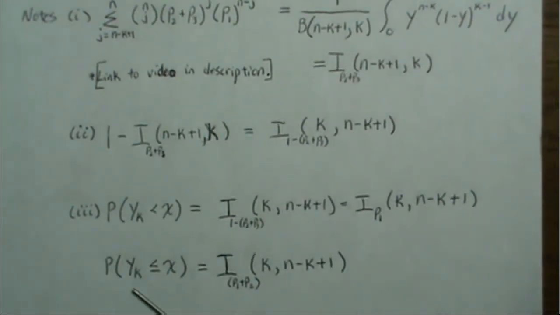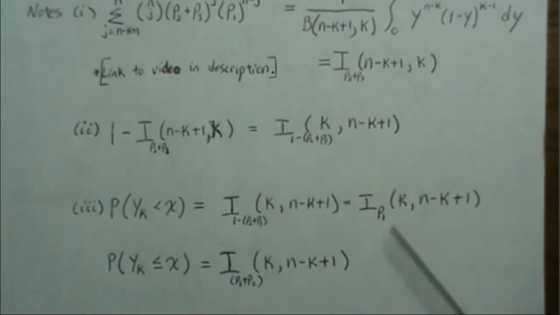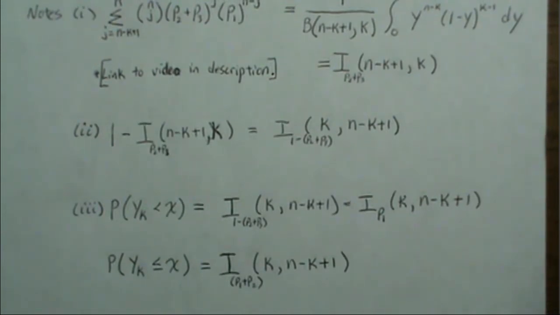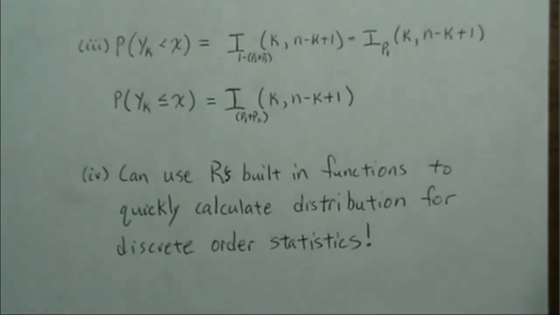And then to be less than or equal to x, we can show that it's an incomplete beta function, P1 and P2, and plug that in. And so we just take the difference of these two incomplete beta functions, and then that's the probability of Yk equaling an x. Okay, so we can use R's built-in functions to quickly calculate the distribution for discrete order statistics, and it's pretty straightforward and easy.